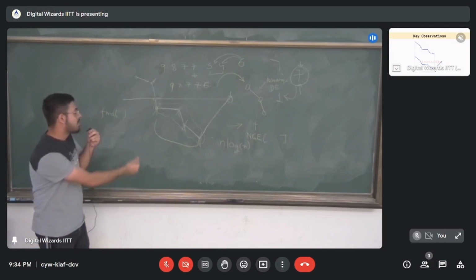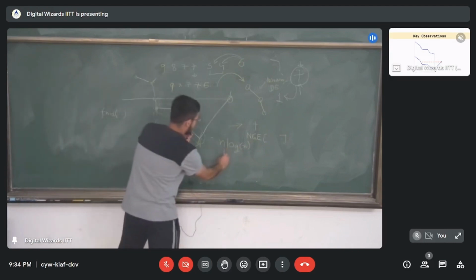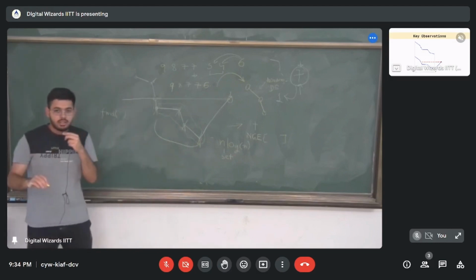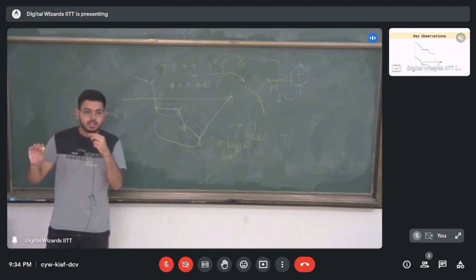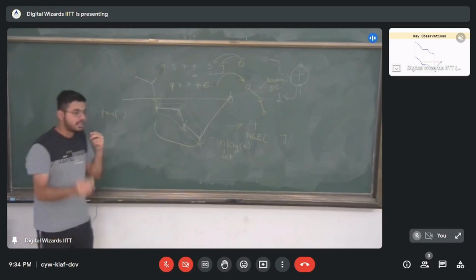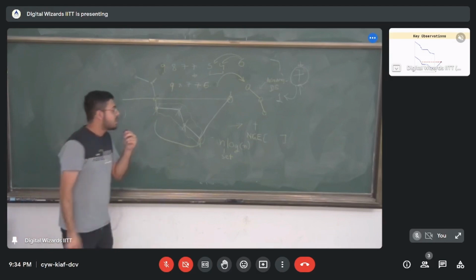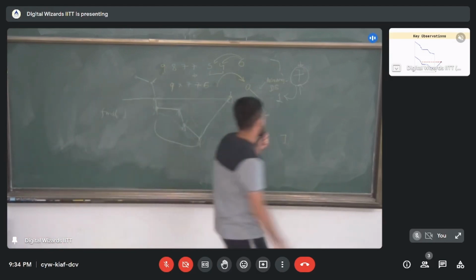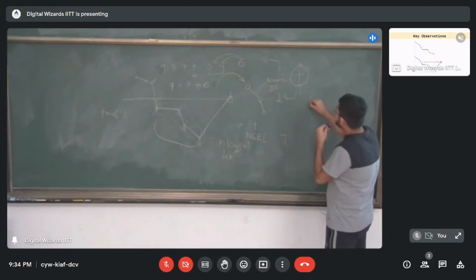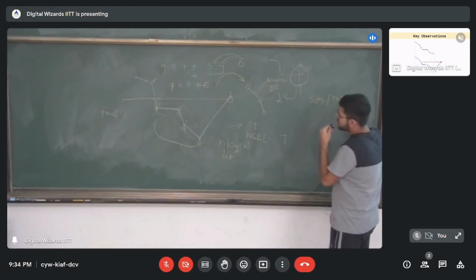This implementation could be done using maybe a set or map. I hope you know about sets and maps, and the time complexity involved. So let me just revise the concepts here. For sets or maps, there are a few operations.